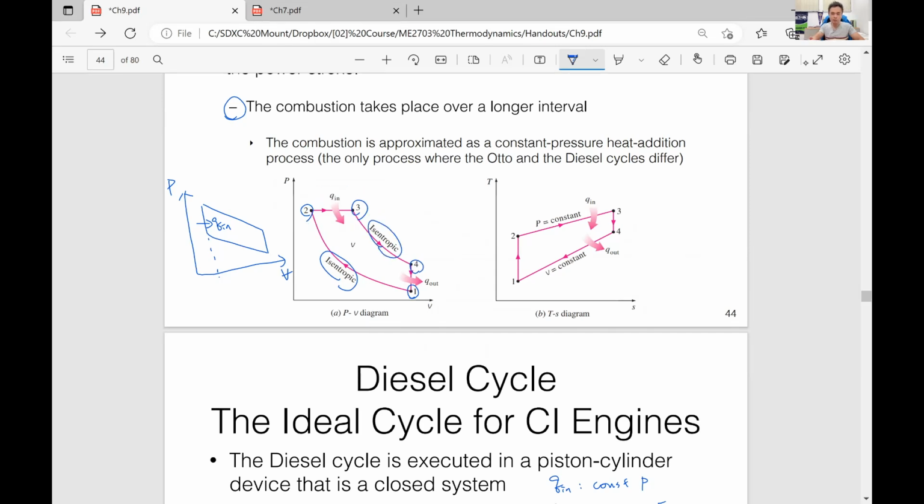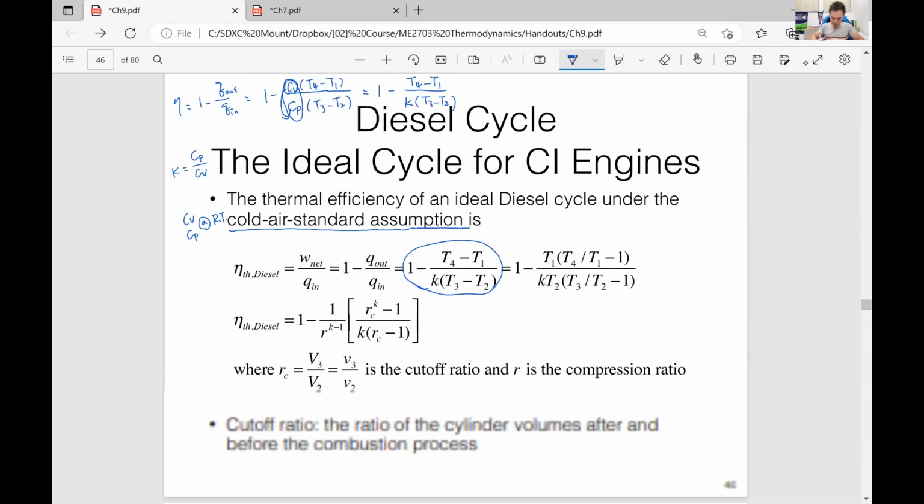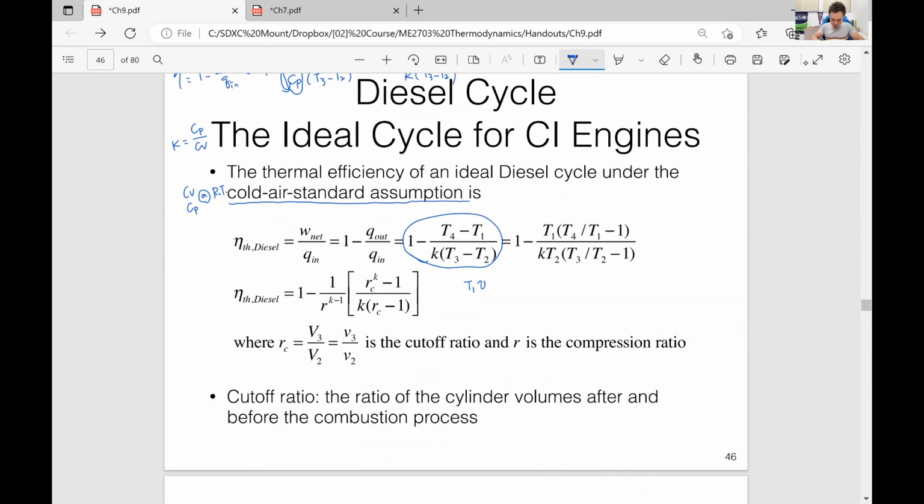Under cold air standard assumption, T V to the k minus 1 is a constant. So T1 V1 to the k minus 1 equals T2 V2 to the k minus 1, and T3 V3 to the k minus 1 is T4 V4 to the k minus 1.